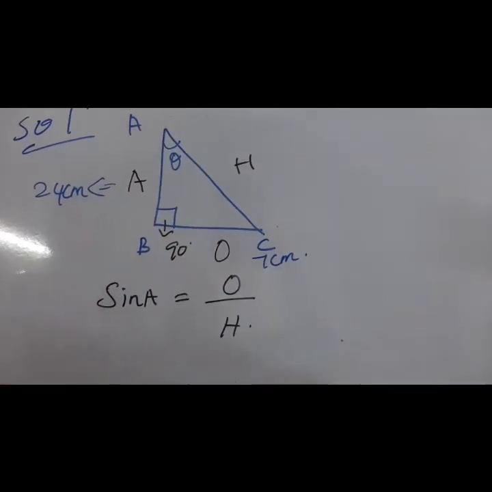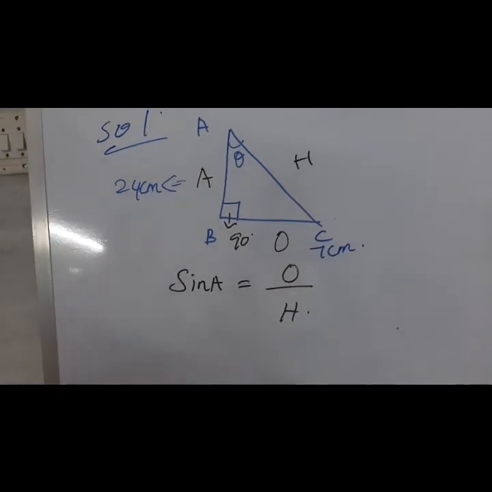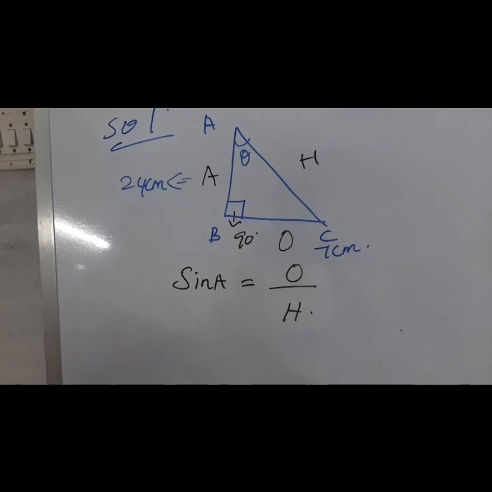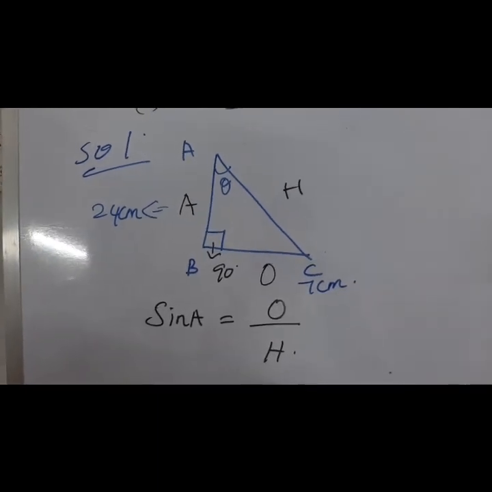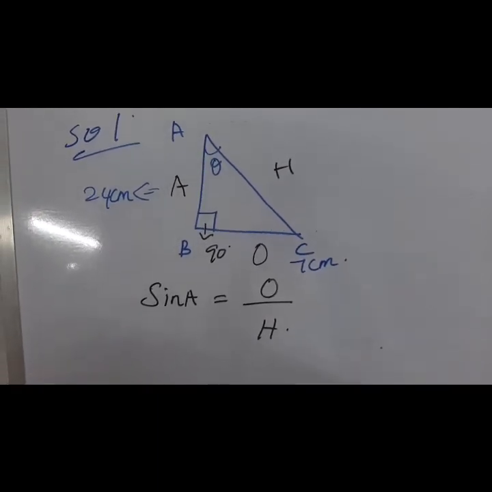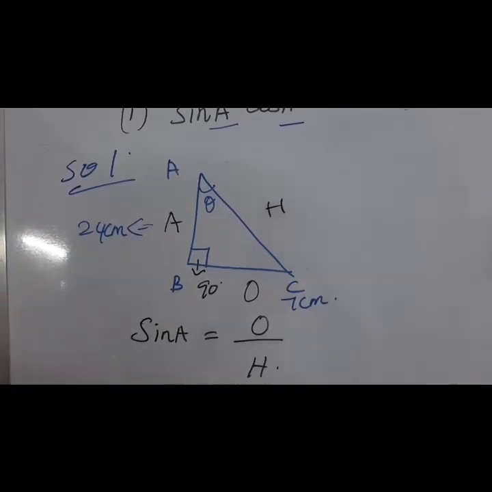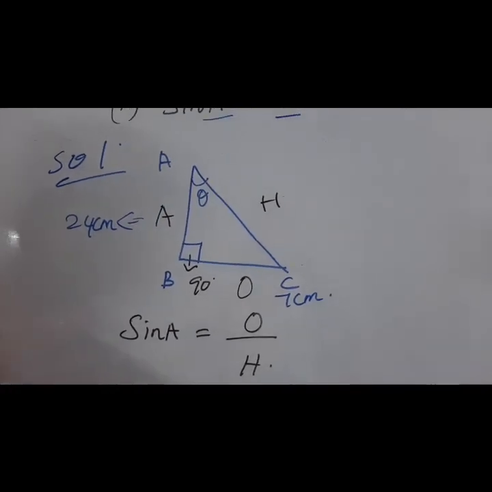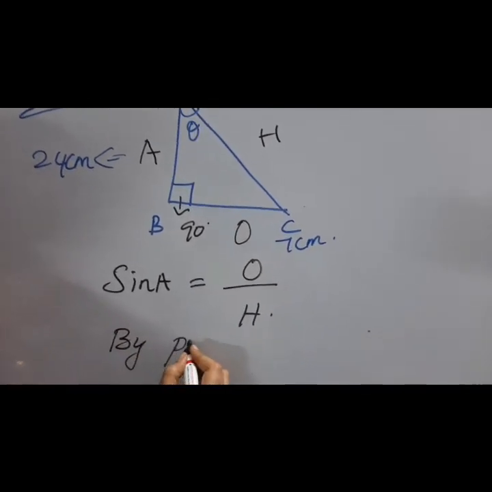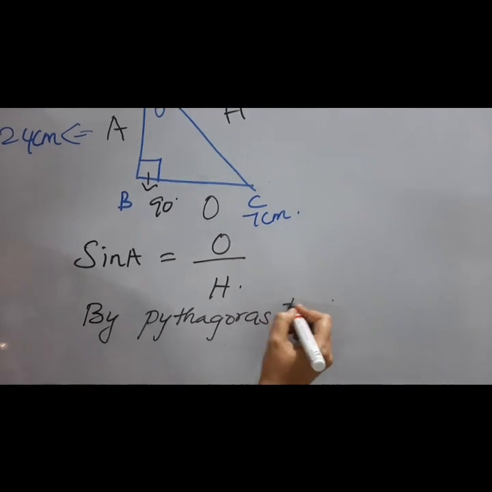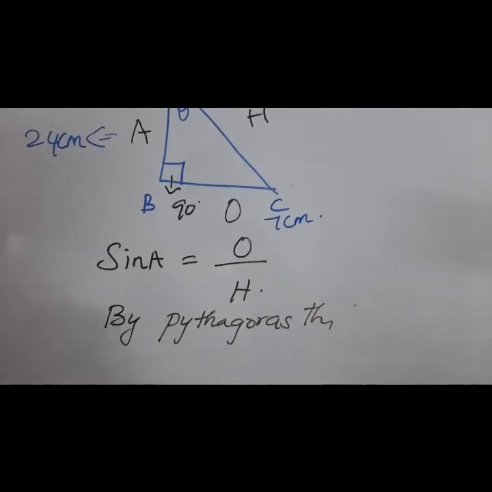We need to find out the third side AC. Only after knowing the values of all 3 sides can we calculate the angles. How to calculate AC? Look into the triangle. This is a right angled triangle, so by Pythagoras theorem we are going to calculate the third side.